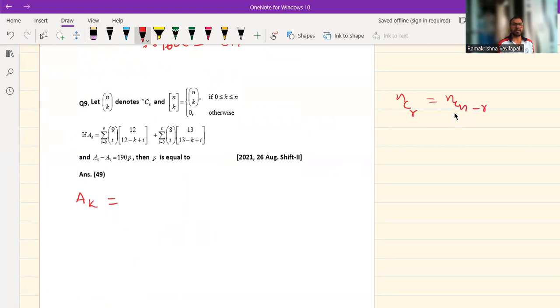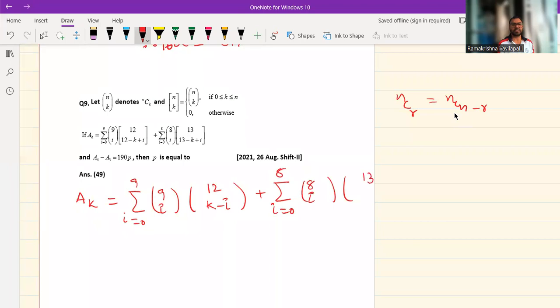So I can write here sigma I equal to 0 to 9, 9CI, using that concept, this is 12C(K minus I), plus sigma I equal to 0 to 8, 8CI, and this is 13C(13 minus of 13 minus K plus I), means K minus I.